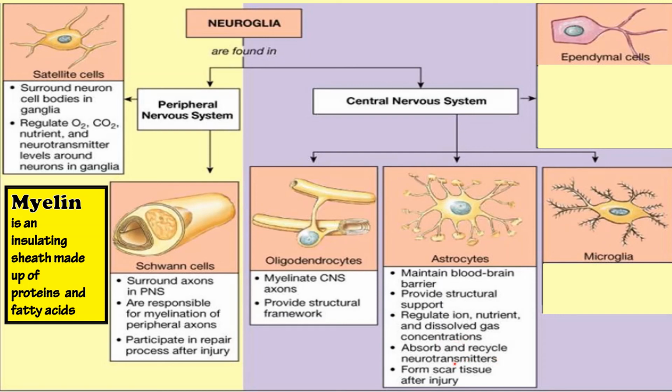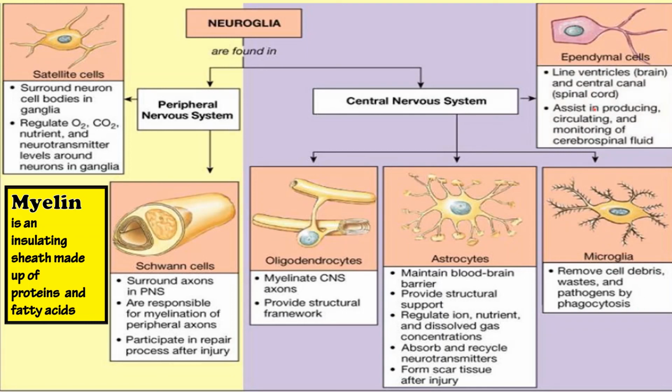The third type of cells are microglia. These are specialized cells which are phagocytic in nature and protect the brain from infection. Now, the last type are the ependymal cells. Students, it is interesting to know that the brain and spinal cord are not solid structures.